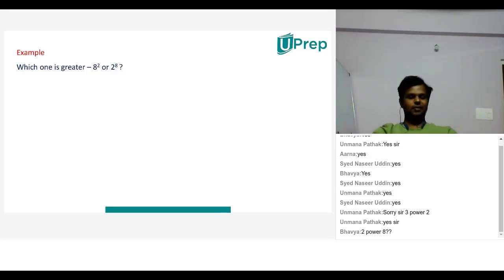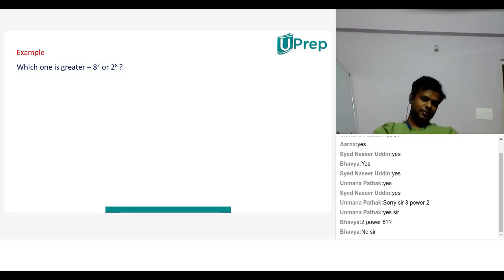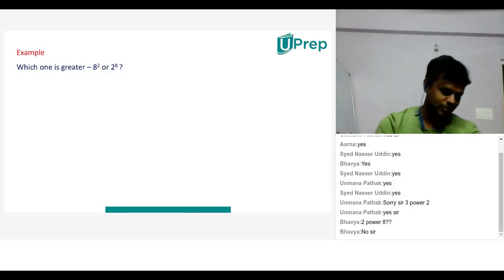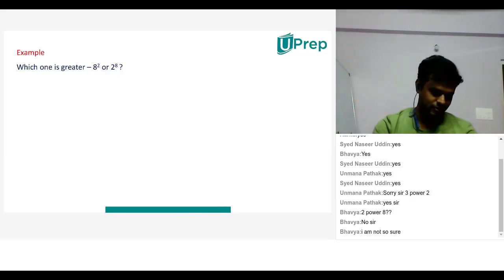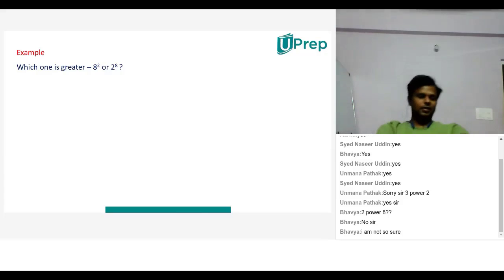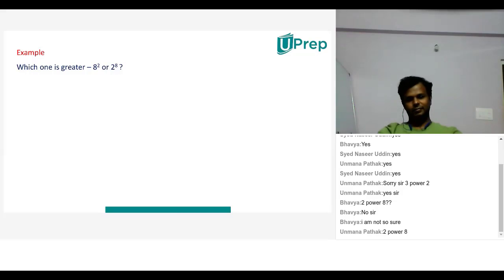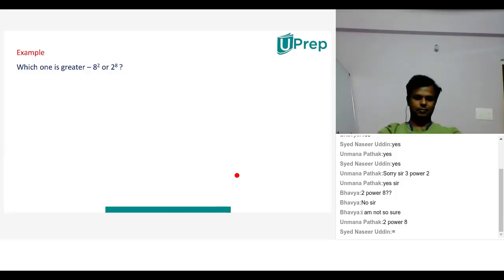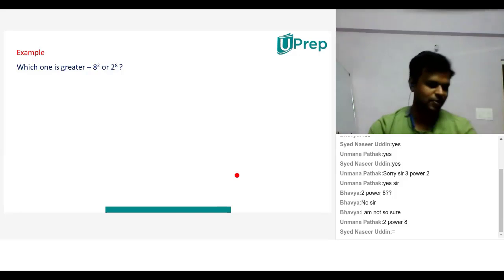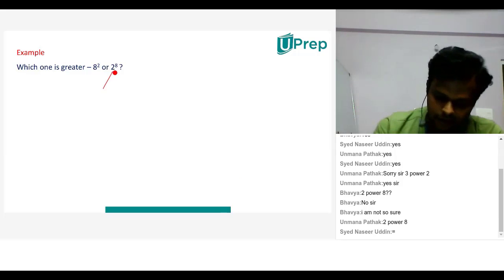Bhavya is asking whether it is 2 power 8. Children, anybody else? Please try to give the answer. The answer here is 2 power 8, because 8 square we already know.